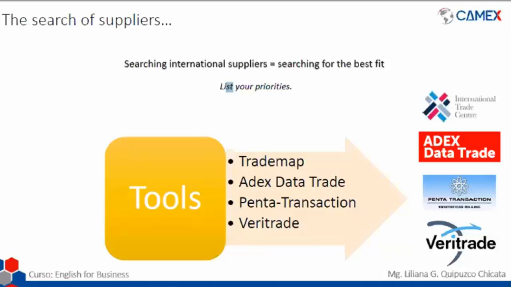For example, if you go to ADEX Data Trade or Penta Transaction or Veritrade, you will find more details. So if you're able to pay for a contract and get this service, it will be really great.